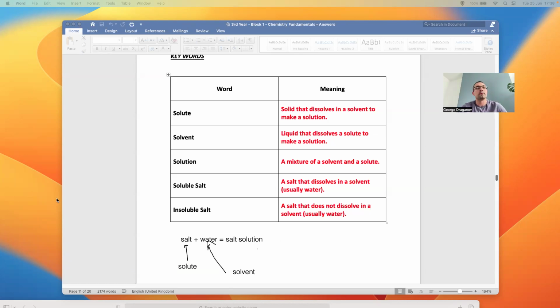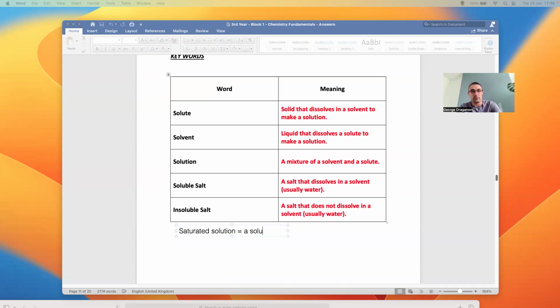Very basic things. The other thing you have to know is what the term saturated solution means. Saturation is the point at which no more solid can dissolve.